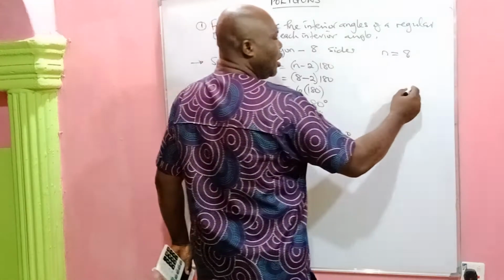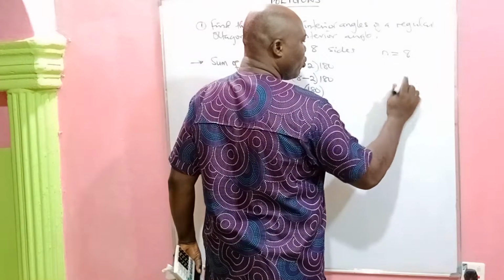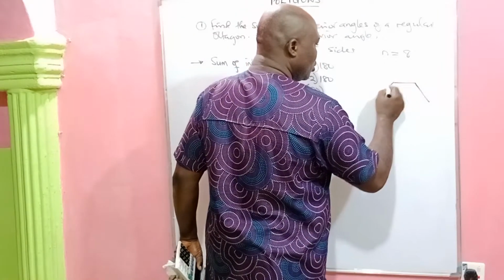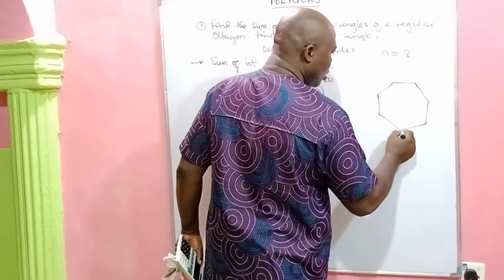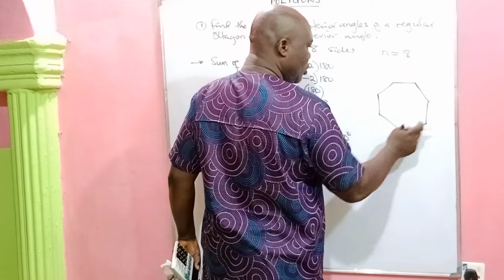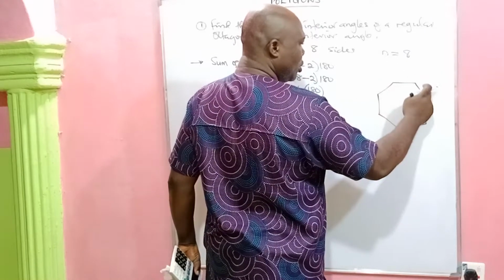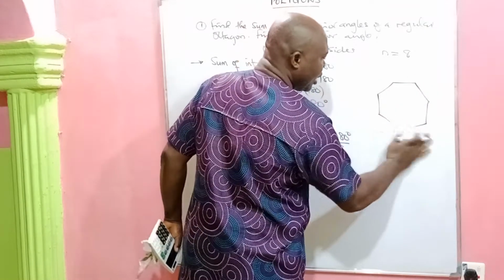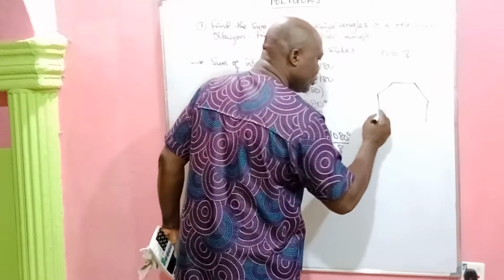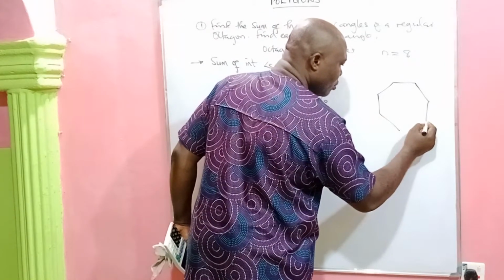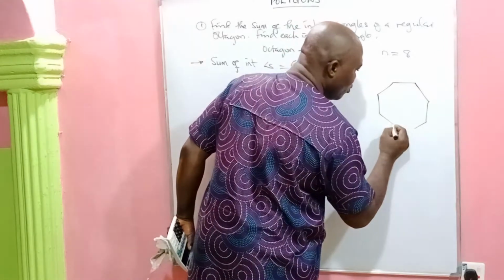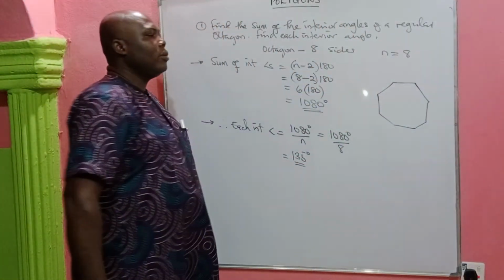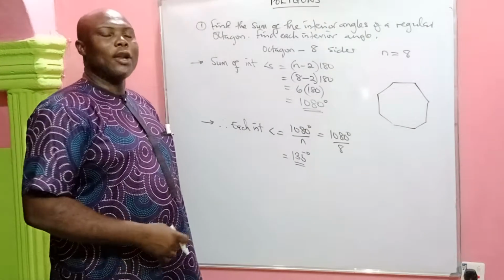Please take note, if you have a polygon like this, okay, so take this. All right, now this is an example of an octagon.